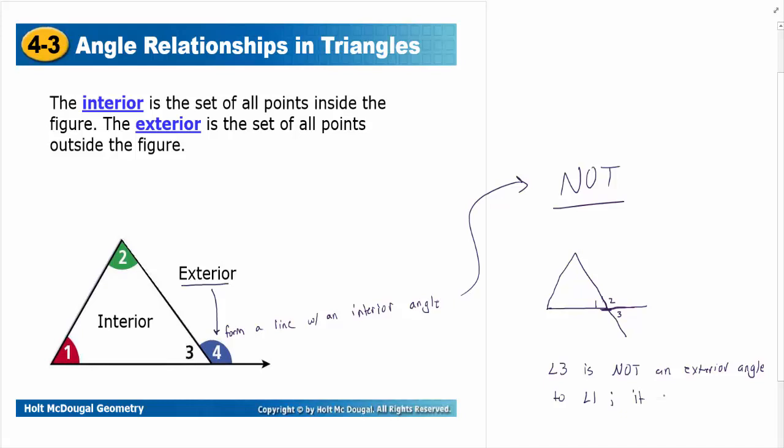Instead, it is a vertical angle to angle 1. In this case, the exterior angle would be angle 2. This is the exterior angle to angle 1. So again, it has to form a straight line. The one that's across from it, that's not an exterior angle, it's a vertical angle. It's another type of angle. Vertical angles, you should know, are congruent, but exterior angles are supplementary with the interior angle that it's adjacent to, okay? So those are important notes to get from that.